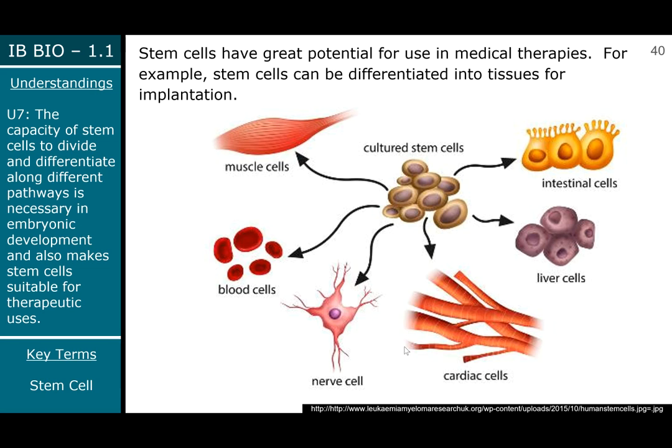Because stem cells have that flexibility to become different types of cells, there's a lot of potential to use them for medical therapies. So you hear about miracle stem cell transplants for different things, people with spine injuries or brain damage or all sorts of things. And the truth of the matter is that there is a lot of potential there, but the process isn't as easy as we think it is, and there's still a lot that we're learning about how to make this work properly.